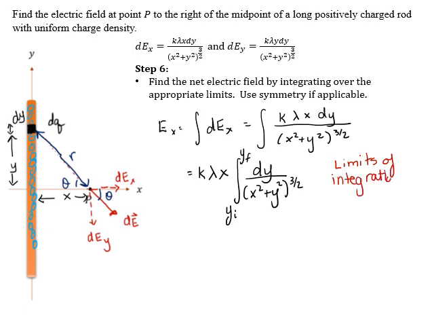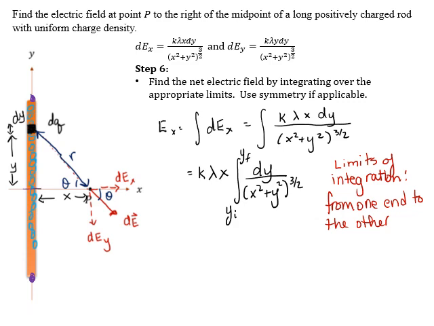In general, the limits of the integration are from one end of the rod to the other. So if we look at our picture, we'll identify the two ends of the rod. Here's the bottom end. Here's the top end. We're going to remember that we picked our origin at the center.